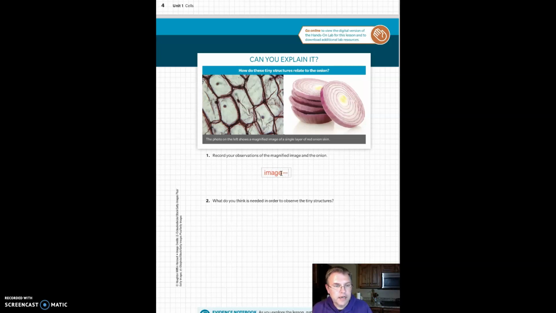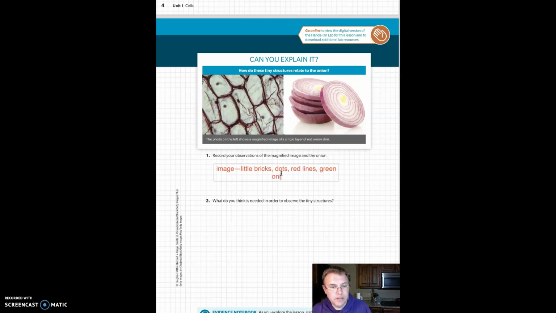As I look at that, it kind of looks like little bricks or little boxes to me. I could say I see dots on the inside of it, and I could say there's kind of like red lines, kind of looks like a little green in there. Okay, just some basic observations that we have from that picture.